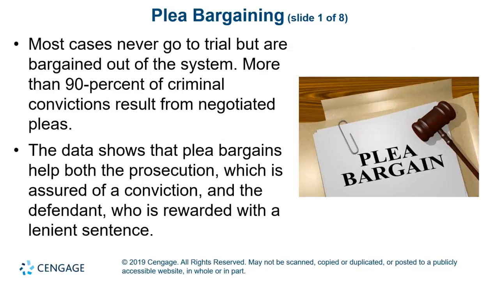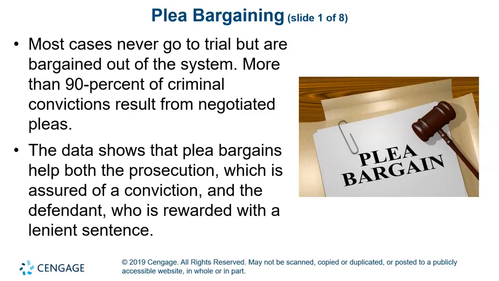So hopefully that makes sense. Again, most cases never go to trial but are bargained out of the system. More than 90% of criminal convictions result from a negotiated plea bargain. It's a legal process that involves the defense attorney, the prosecuting attorney, and the approval of the judge.